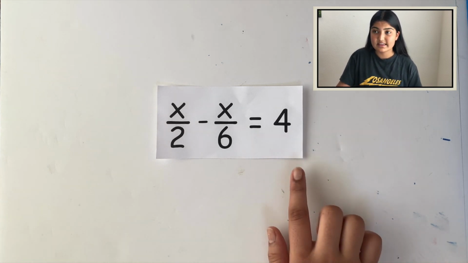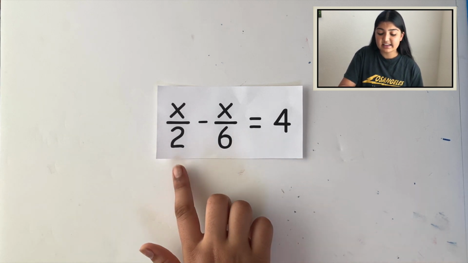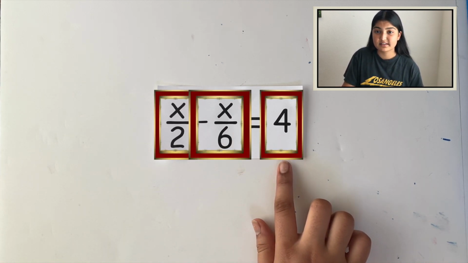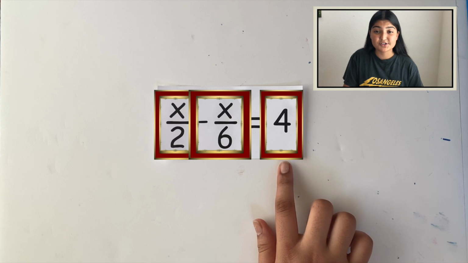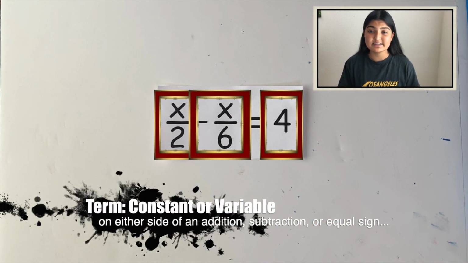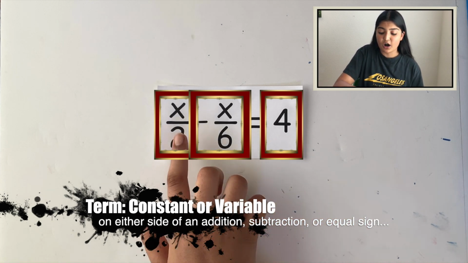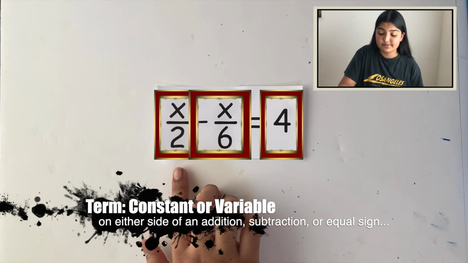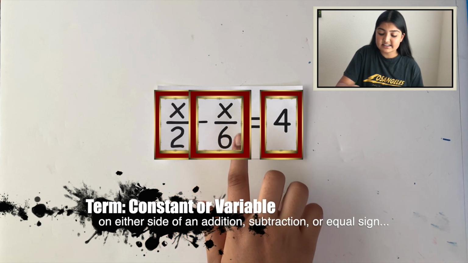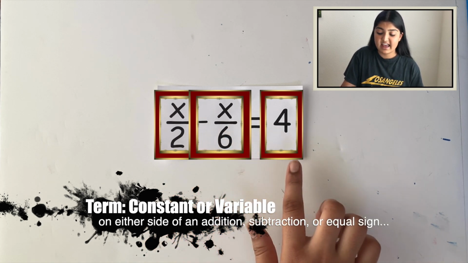Also, this equation has 3 terms. Remember, a term is a constant or a variable that is on either side of an addition, subtraction, or equal sign. So the 3 terms in this equation are x over 2, negative x over 6, and 4.